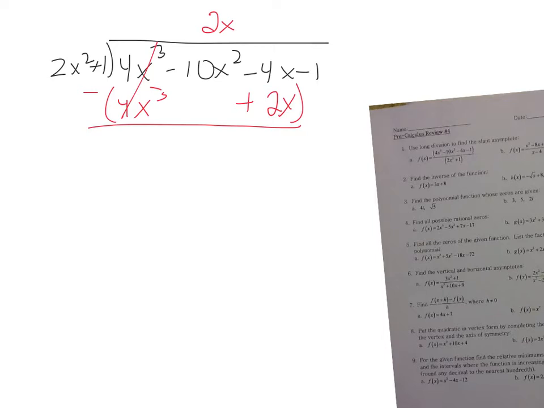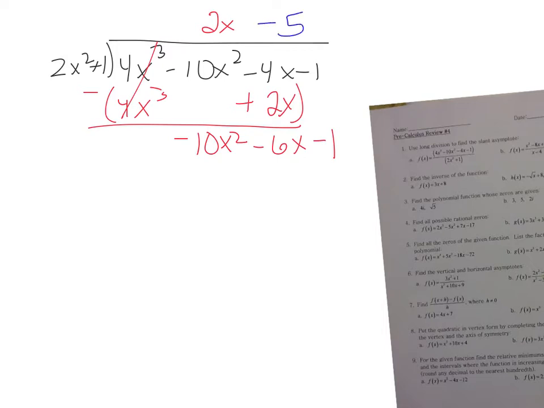So that cancels. So negative 10x squared minus 0 is negative 10x squared. Negative 4x minus 2x would be negative 6x. And then bring down the negative 1. So 2x squared times what will give me negative 10x squared would be negative 5.